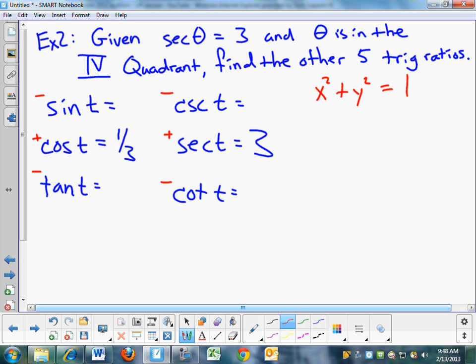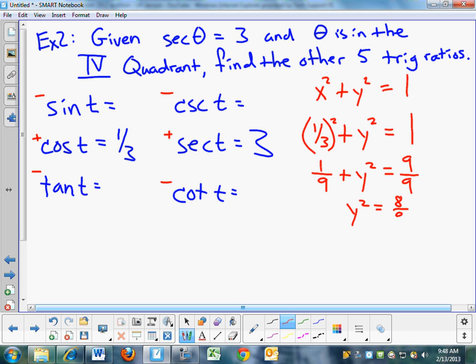Okay, so what's x? 1/3. So (1/3) squared plus y squared equals 1. 1/9 plus y squared equals 9/9. y squared equals 8/9.